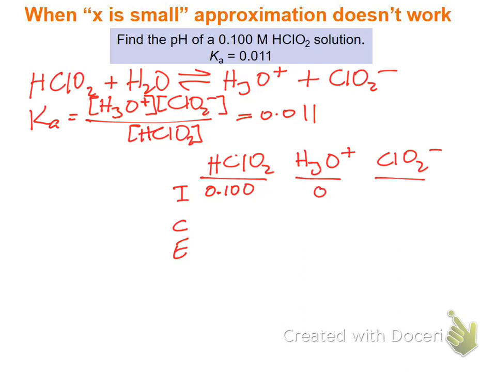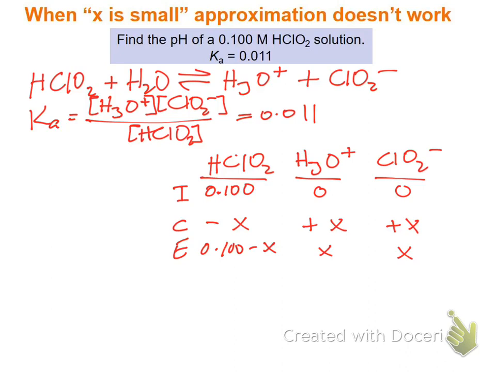For the products, 0. And the change here is going to be negative x for the acid, plus x for the products. And then we find the concentration of these at equilibrium as a function of x.